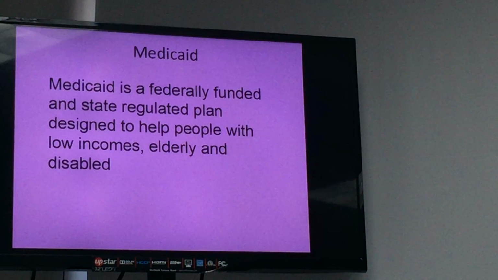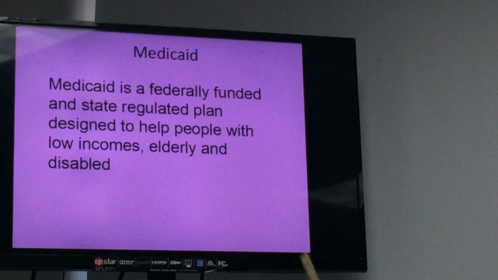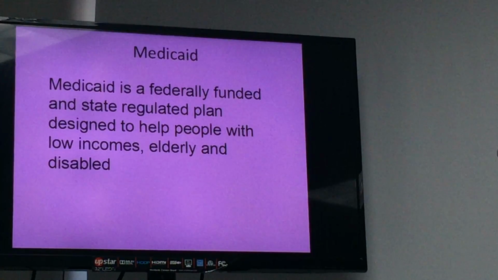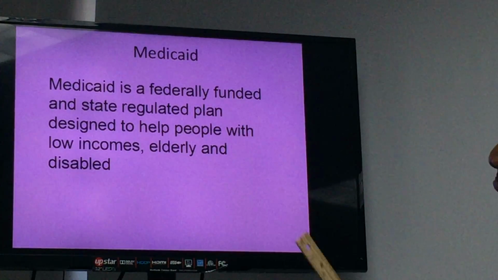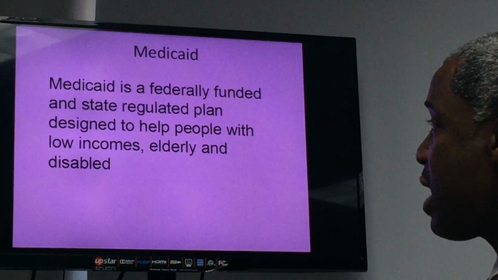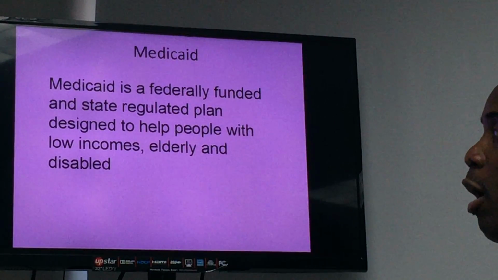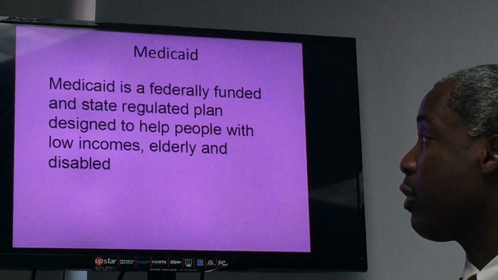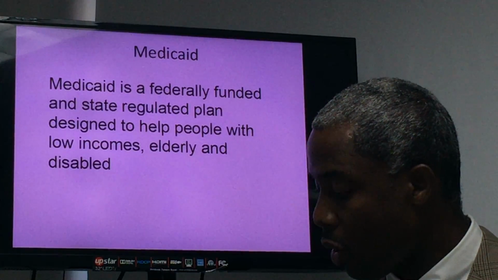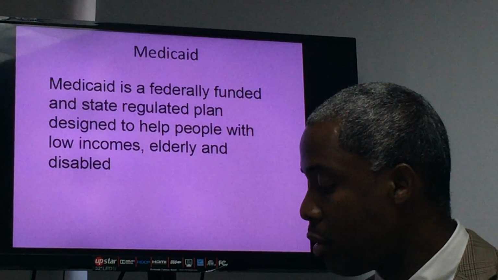Medicare is federally funded and managed by the federal government, by the Centers for Medicare and Medicaid Services. Medicaid is federally funded but managed by the state and is designed to help people with low income, the elderly, and the disabled. So that's how healthcare is paid for.